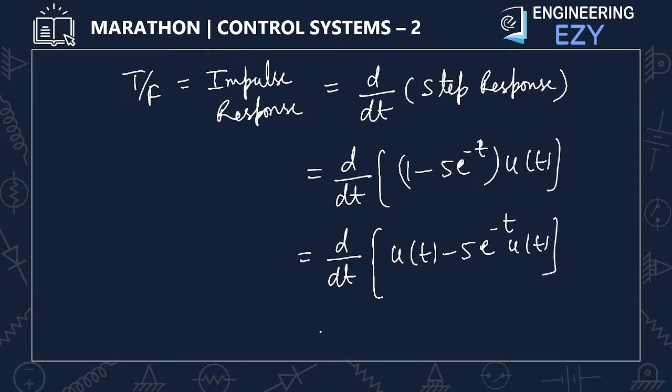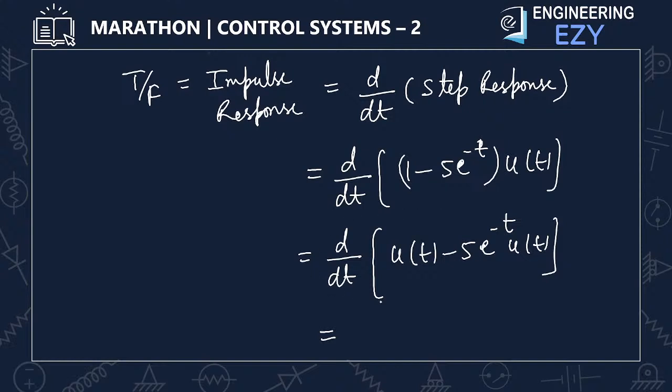If you differentiate, u(t) gives delta(t), plus 5e to the power minus t u(t). This differentiation will give the wrong answer.